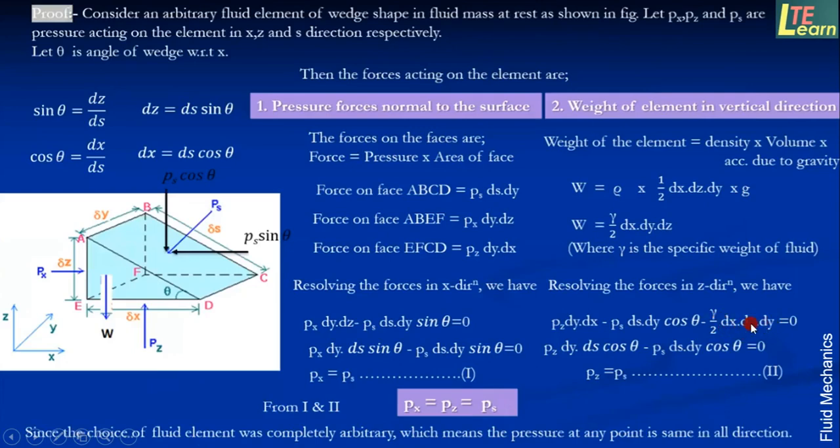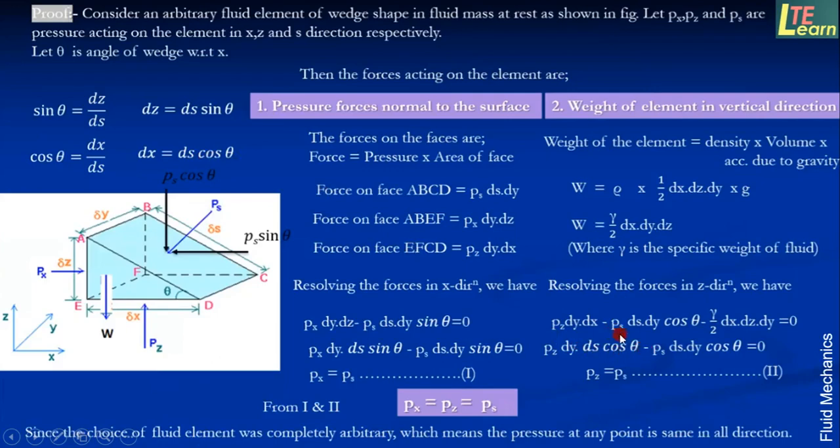So that's why this term containing dx dz dy can be ignored. So the rest of the terms are here, pz dy, and for this dx already we have written ds cos theta, so we will take here ds cos theta.